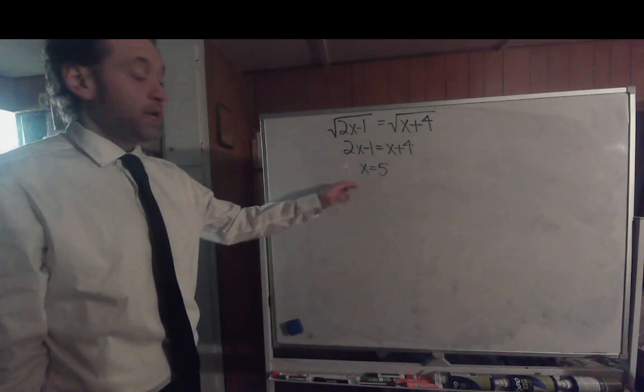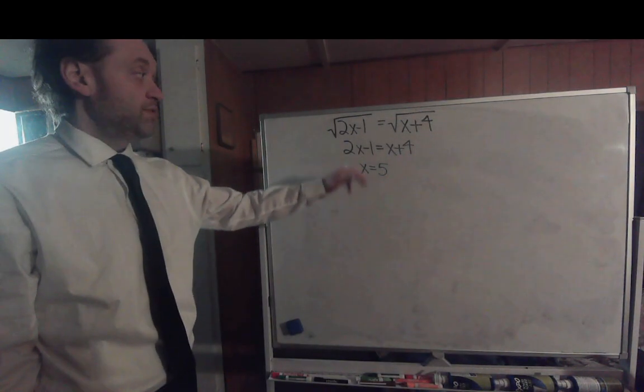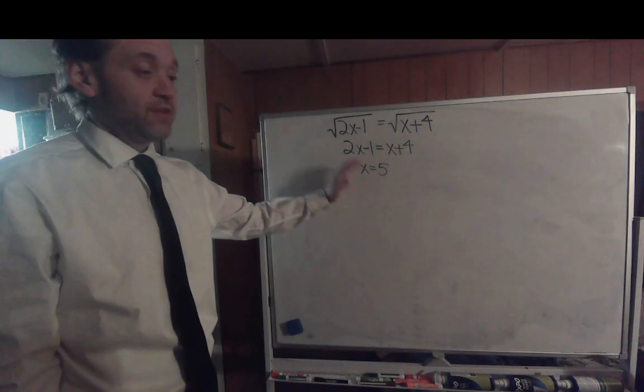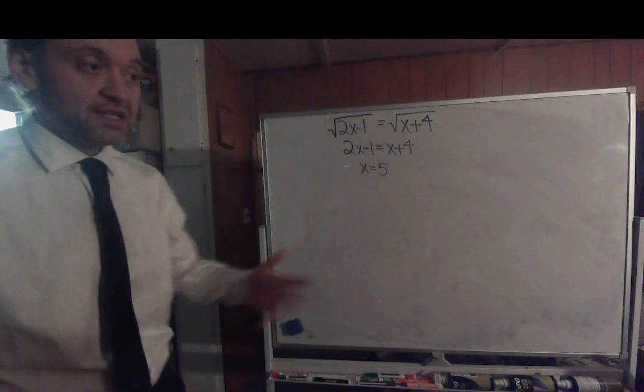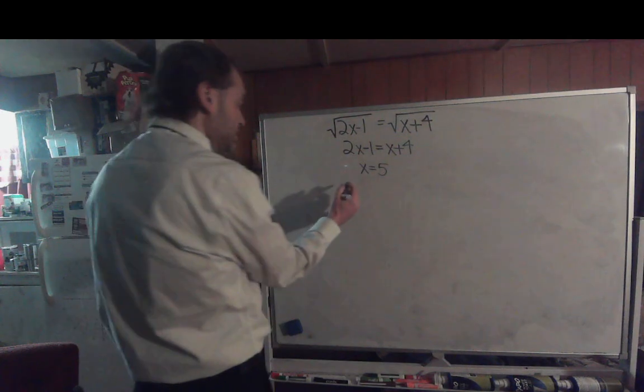So that means we have to make sure that x equals 5 will actually work, that it won't give us a negative value under the square root, or it won't give us a false statement where the left side doesn't equal the right. So put that x value of 5 in where the x is.